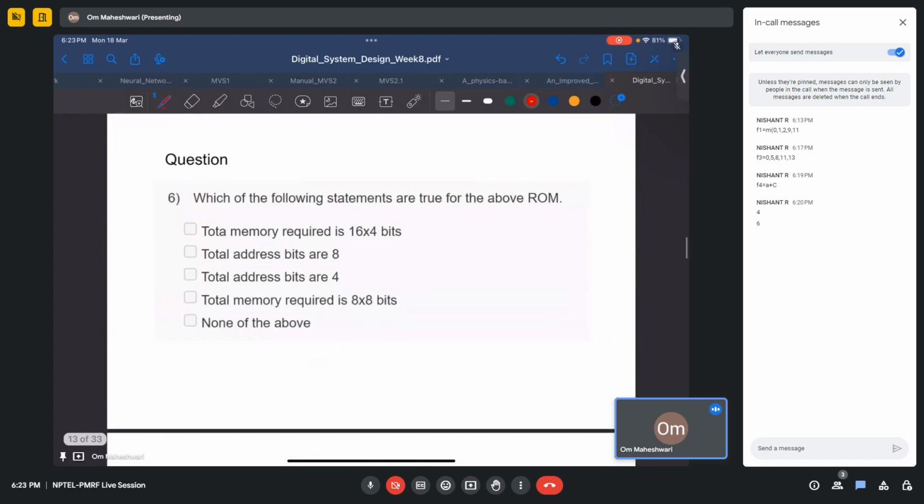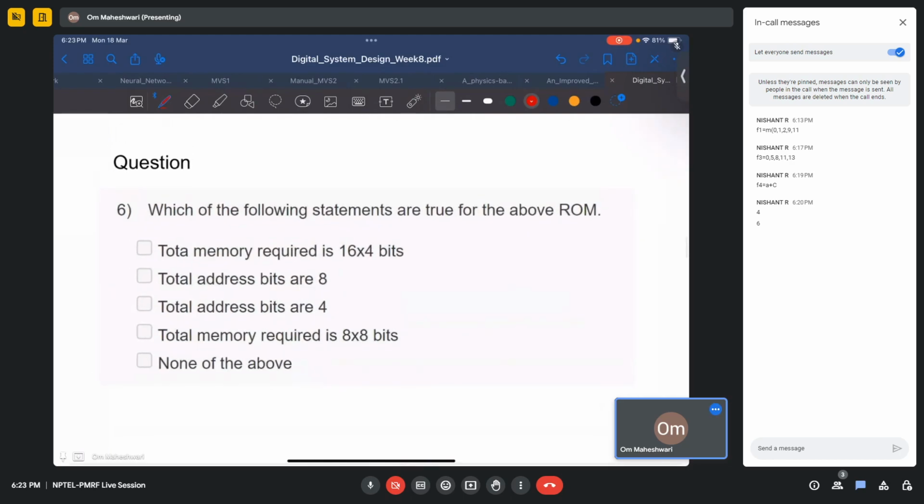And the last question is which of the following statements are true for the above ROM? The total memory required is 16 cross 4 bits. Total address bits are 8. Total address bits are 4. Memory required is 8 cross 8 or none of the above. 1 and 3.